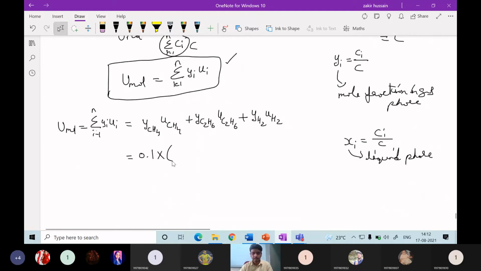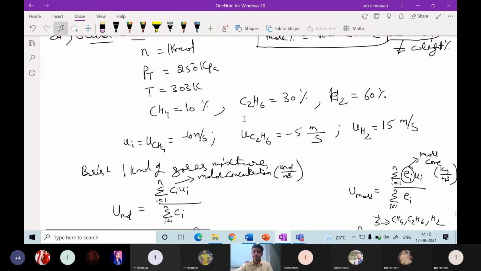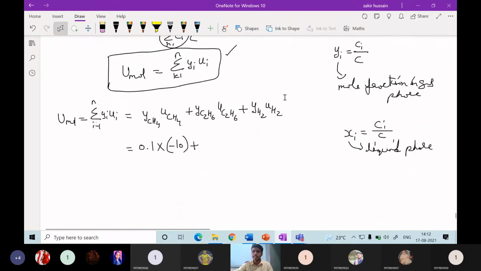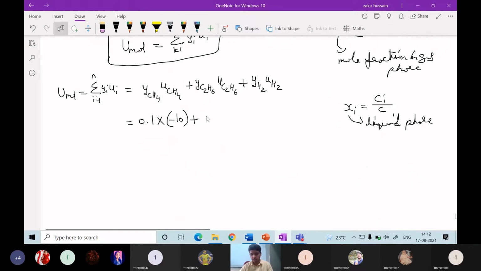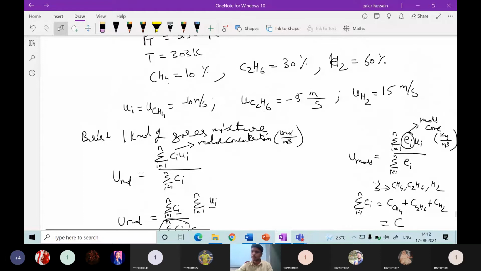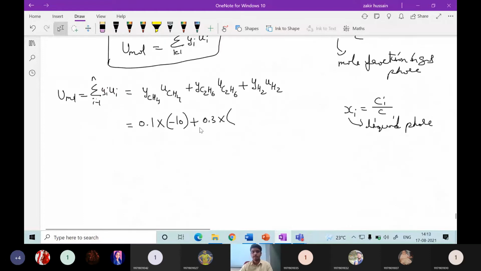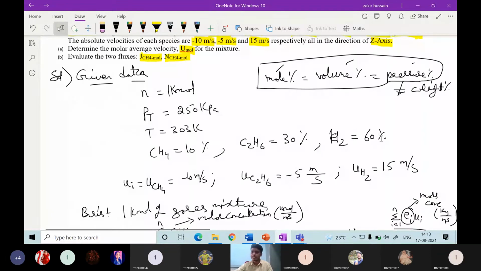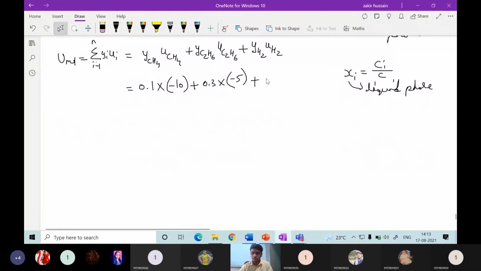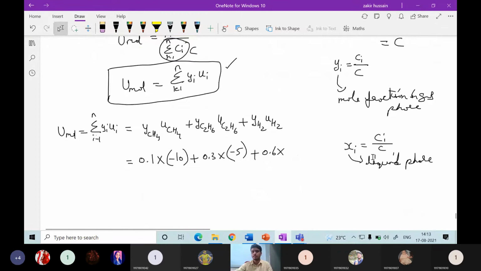So that is minus 10, plus Y C2H6, which is 30 divided by 100, 0.3, into U C2H6, minus 5, plus Y H2, 60 divided by 100, 0.6, into U H2, which is 15.